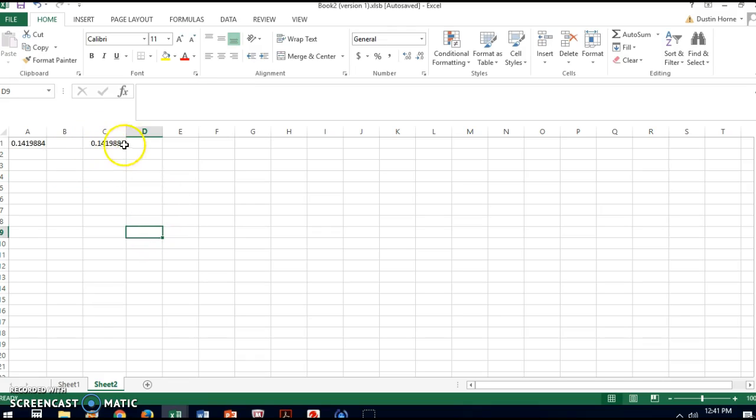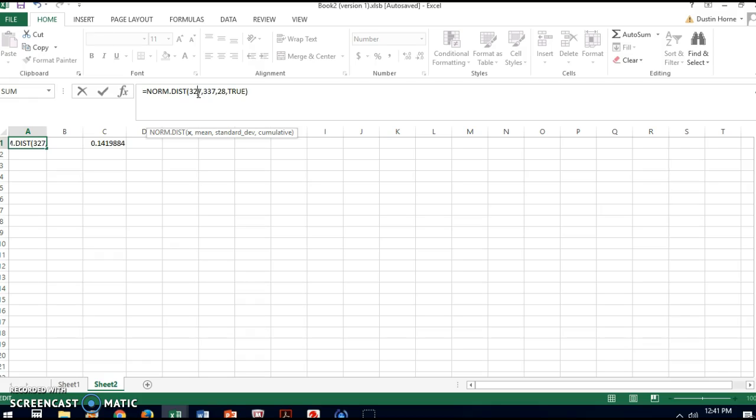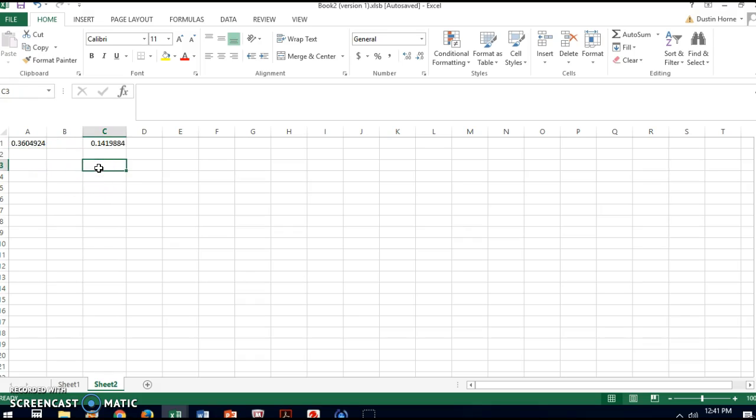This is the probability of it being less than 307, the part we're going to subtract out. Now we do the probability of it being up to 327, and that is 0.3604924. We subtract out the area under 307 because we don't want it included, and we get 0.2185.